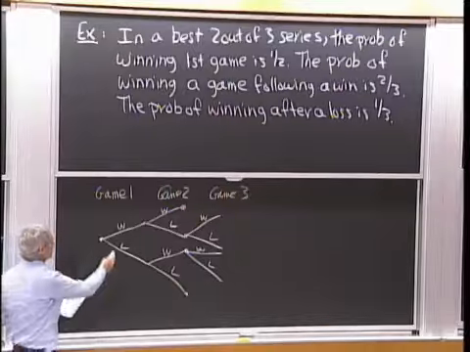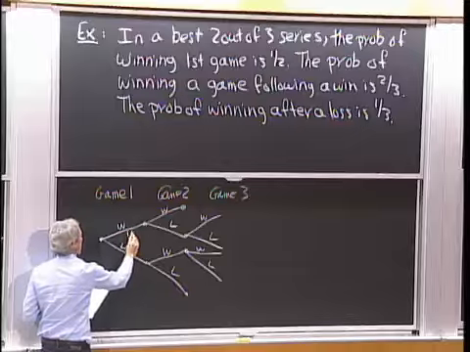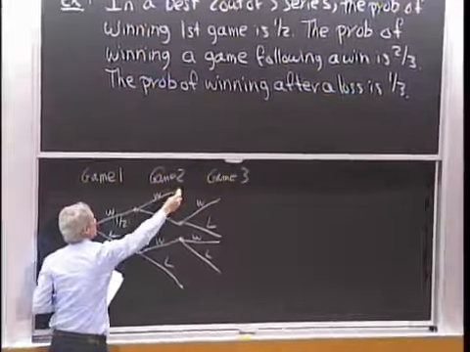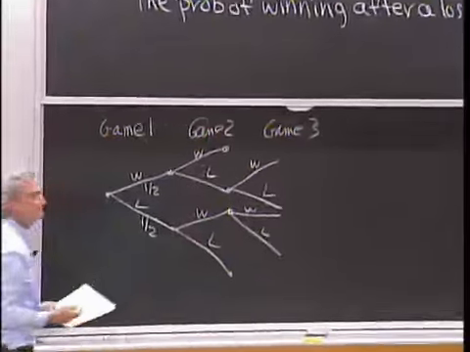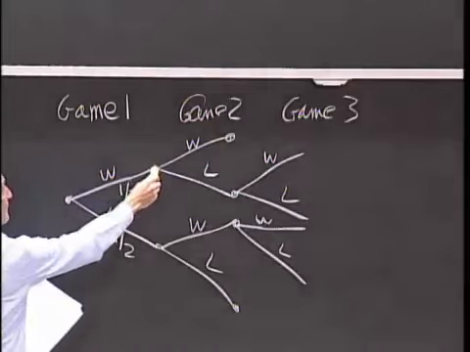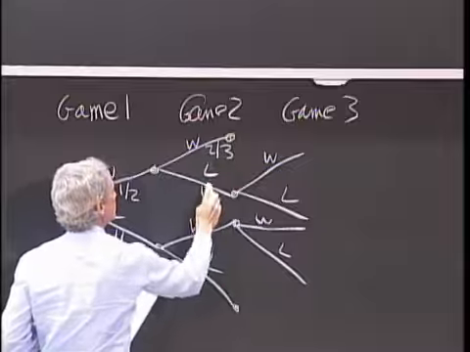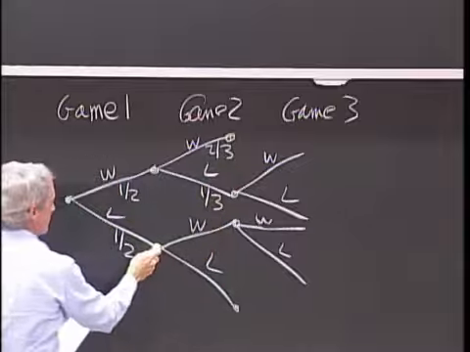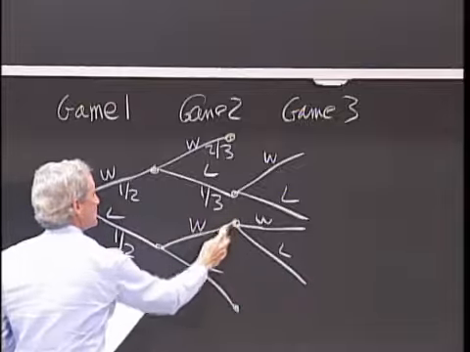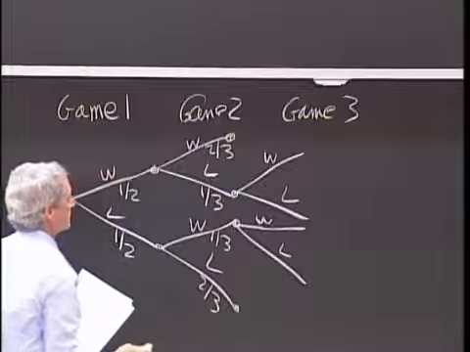The probabilities are next. We put a probability on every branch here. Game 1 is 50-50. What's the probability you take this branch? 2/3, because you're on the path where you won the first game. You win the second game with 2/3, you lose with 1/3. Now here you're on the path where you lost the first game, so this has 1/3 and this has 2/3.